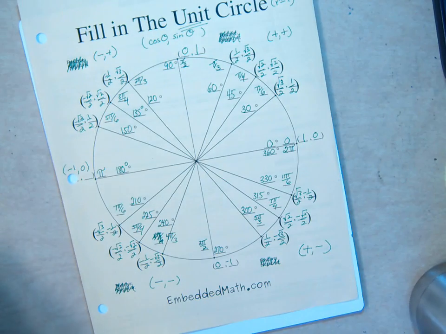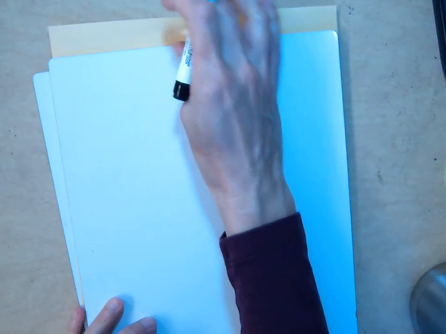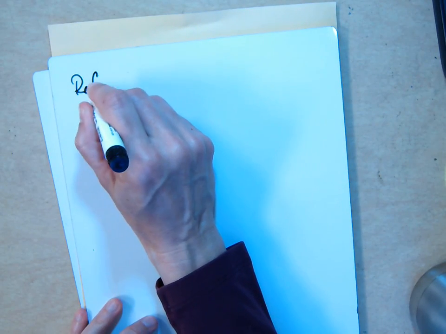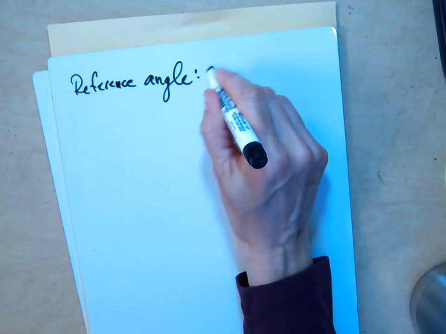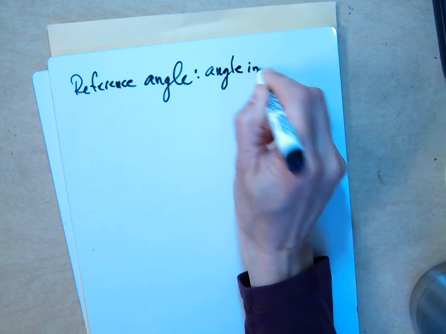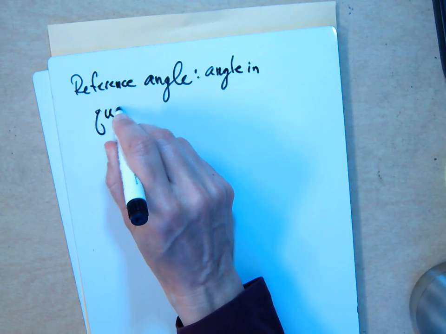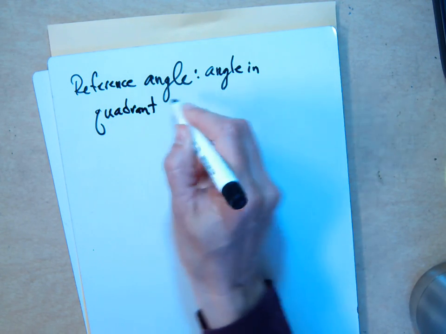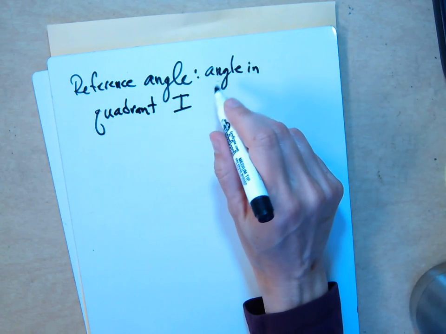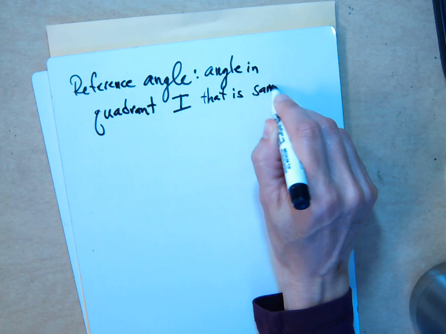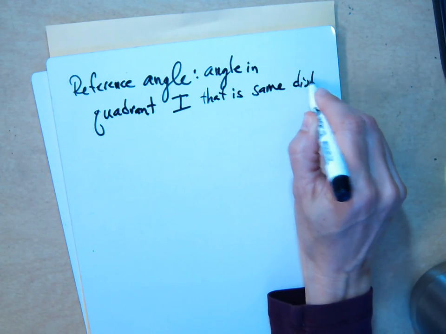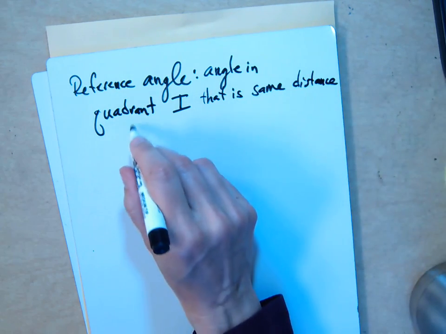So I have to at least write the definition of reference angle, if not do some examples. It's super important to be able to find the reference angle. The reference angle means the angle in quadrant 1 that is the same distance to the x-axis.